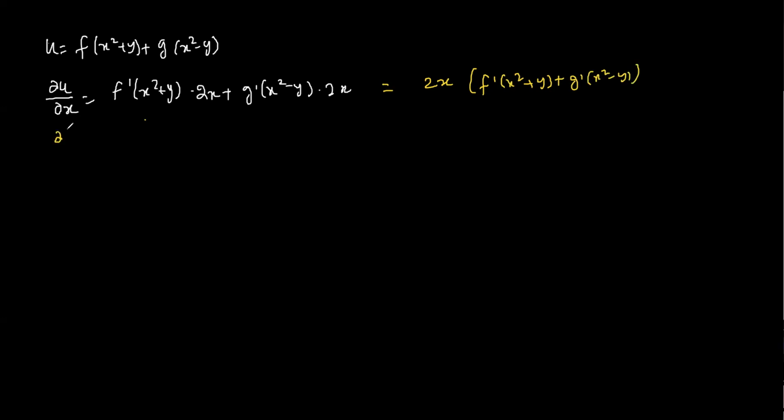Differentiate with respect to y. Right? Again, differentiate this with respect to y. Why? Because when the minus comes outside again, it becomes positive. Understood?